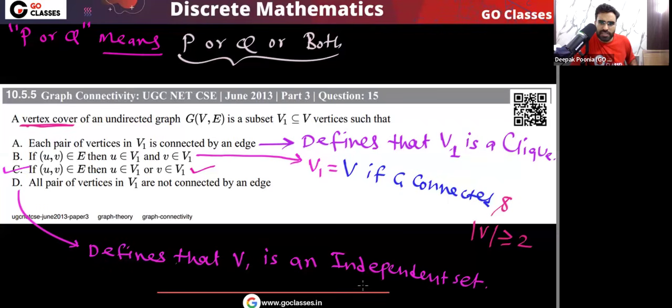Because what is an independent set? This is a subset of vertices which are pairwise non-adjacent. So option D is defining independent set, option A is defining clique, option C is defining vertex cover, option B does not define basically anything. So this is the complete analysis of this UGC NET question. I hope you understood.